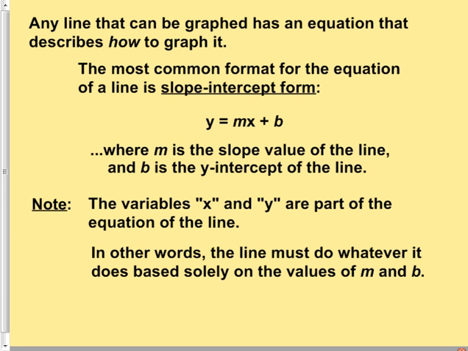They will be there. Like I said, 99 and higher percent of the time, your equation will say y equals some number of x's plus or minus some number. So the bottom line is that the line is going to do whatever it does based solely upon the numbers m and b.